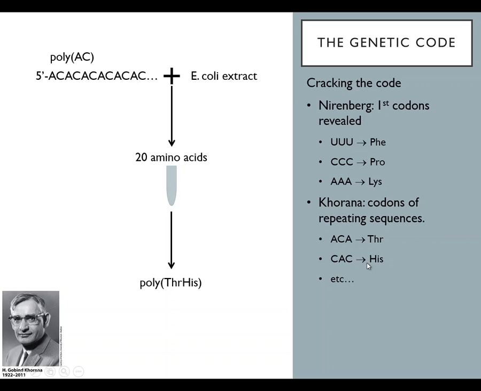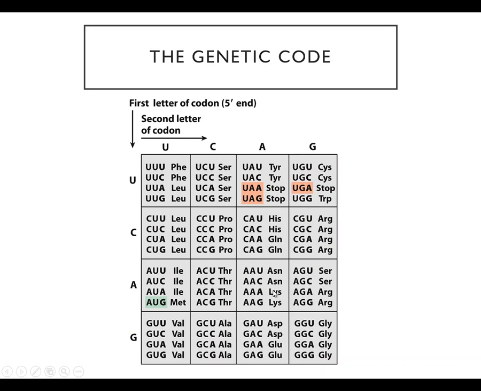And then just by doing this with other combinations of bases, they and other labs worked out the actual code. So for every amino acid, a 3 base code was determined.